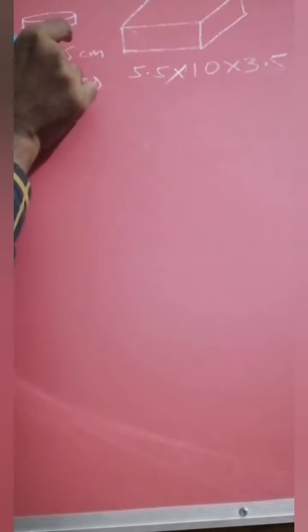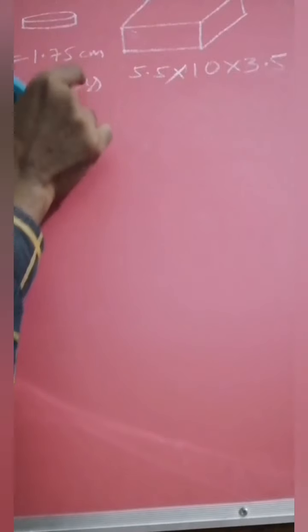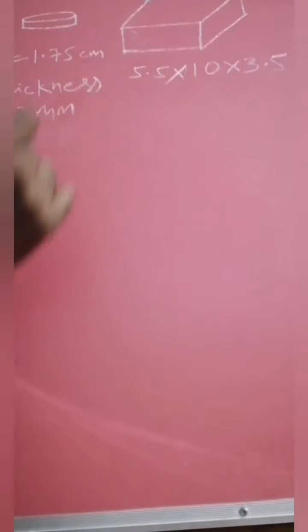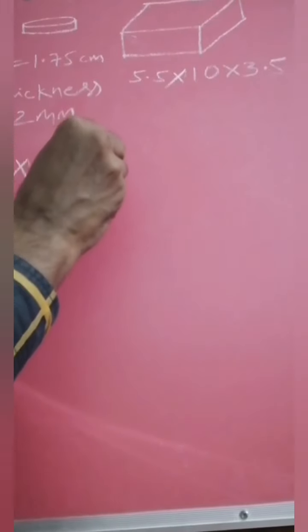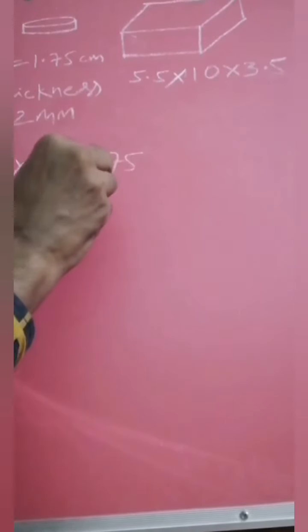So, the volume of all the coins is equal to the volume of the cuboid. Let n number of coins be used. That means n into the volume of each coin. A coin is cylindrical in shape and the volume of a cylinder is pi r square h. The radius is 1.75 by 2.